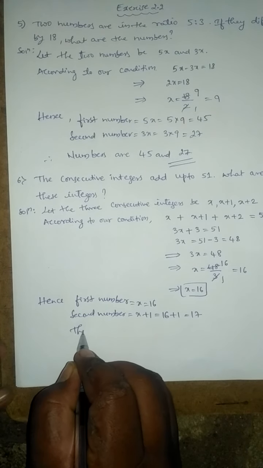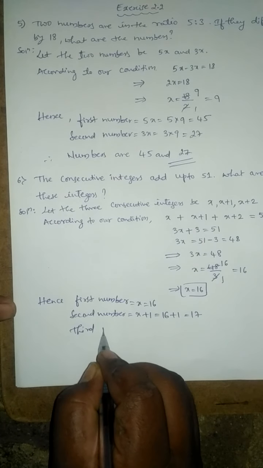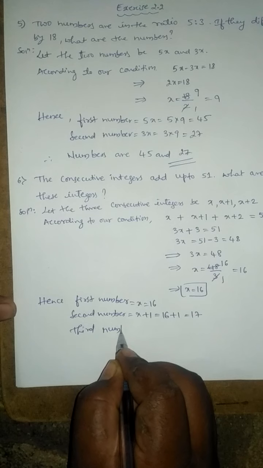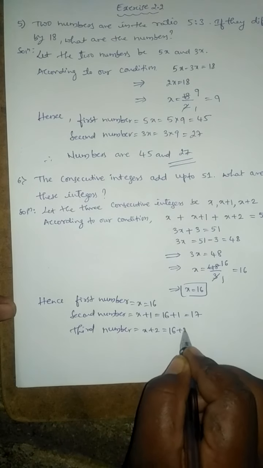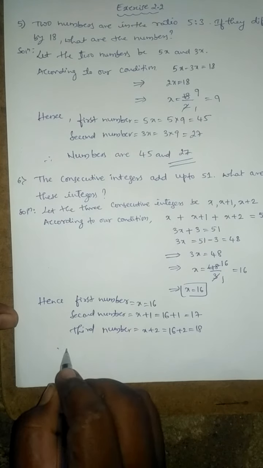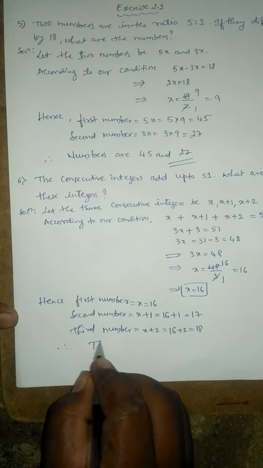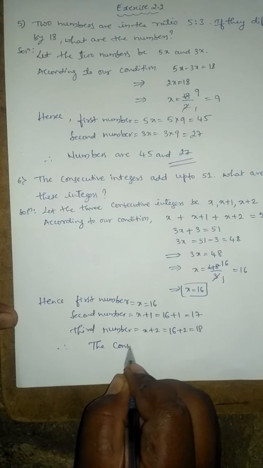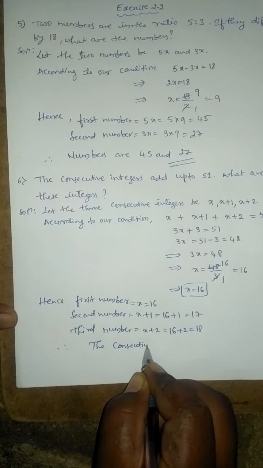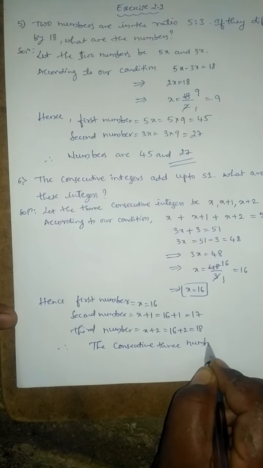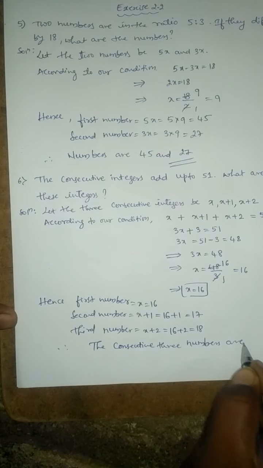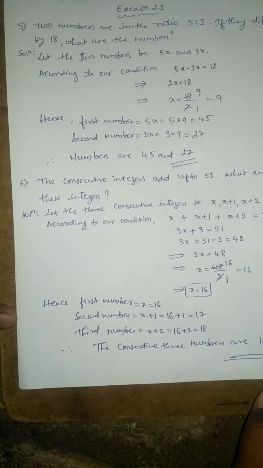Third number, it is x plus 2, this is equal to 16 plus 2, that is equal to 18. Therefore, the numbers are 16, 17 and 18. This is our required result.